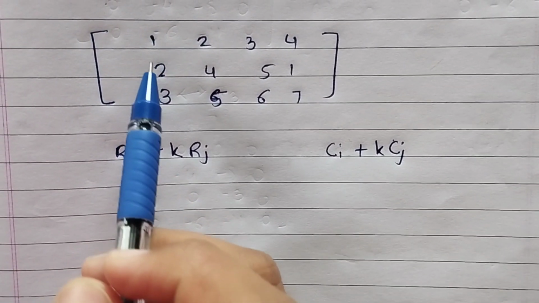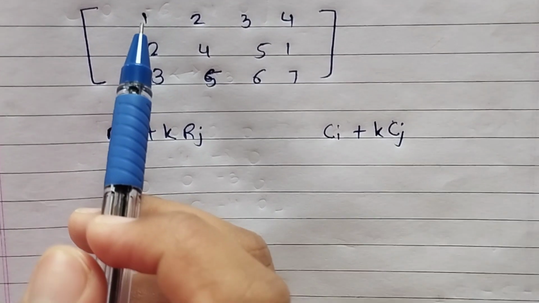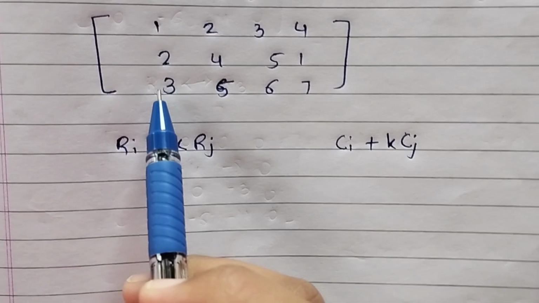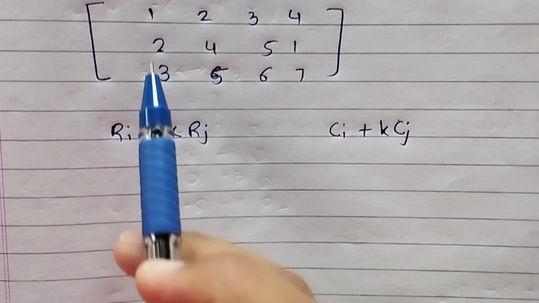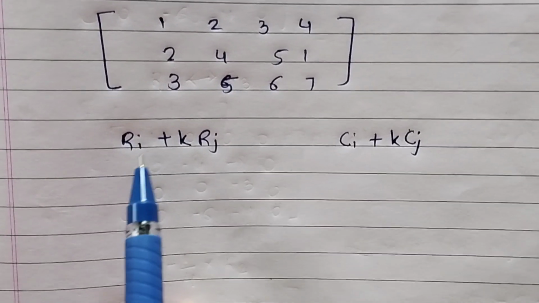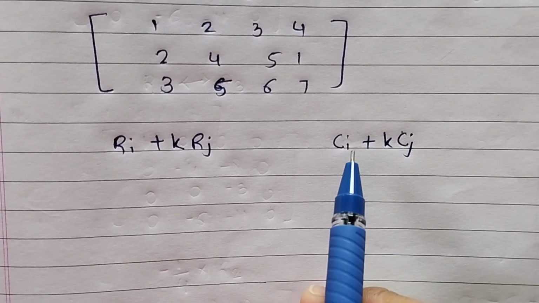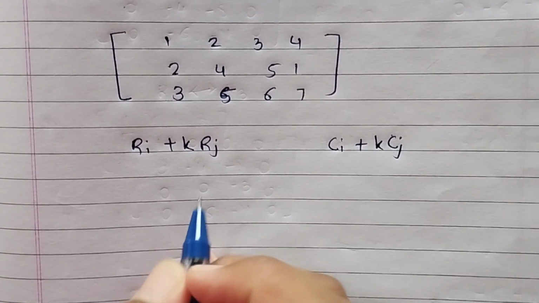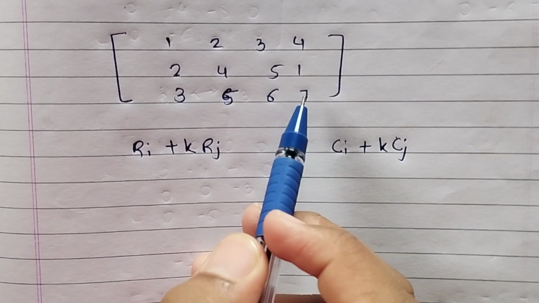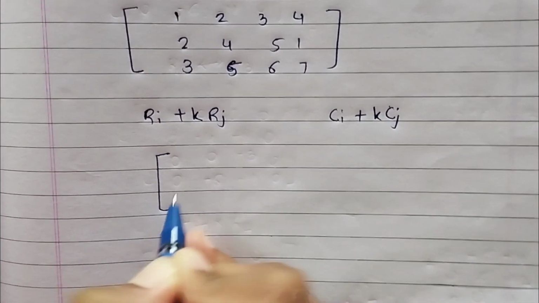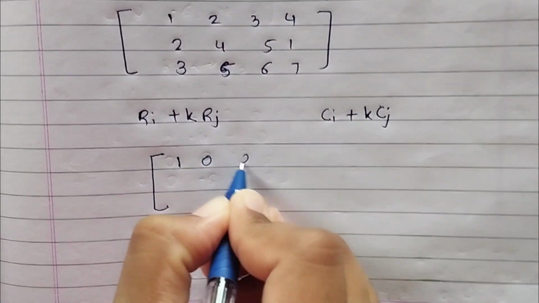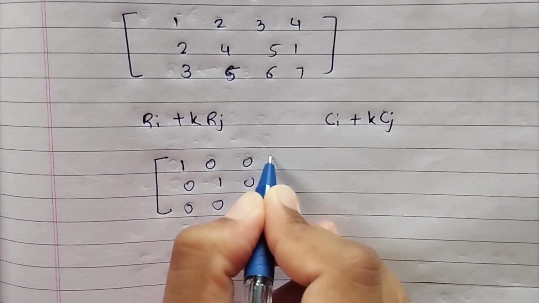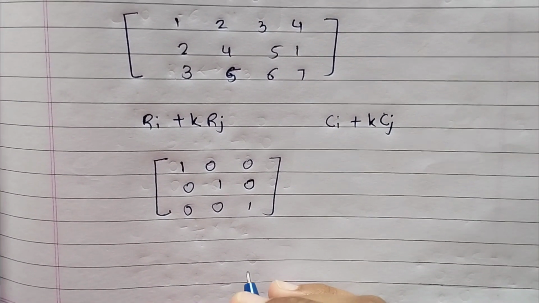Once a11 is converted into 1, then the second target is to convert all the other elements of the first row and first column into 0 by performing the row operation R_i plus k R_j or the column operation C_i plus k C_j. Because we want to convert this matrix into the identity matrix, whose only diagonal elements are 1, meaning 1 0 0, 0 1 0, 0 0 1, and the remaining elements are 0.